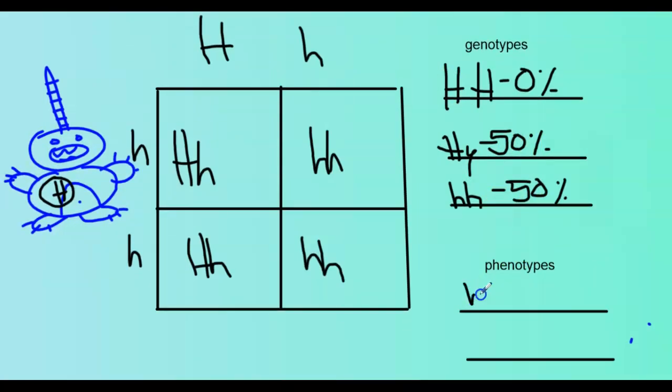Okay, so our two phenotypes are horn, that's the actual physical trait you'd see, or no horn. Now, anytime there's a dominant gene, you have the horn, so that is 50% of the time. And 50% no horn or pure recessive.